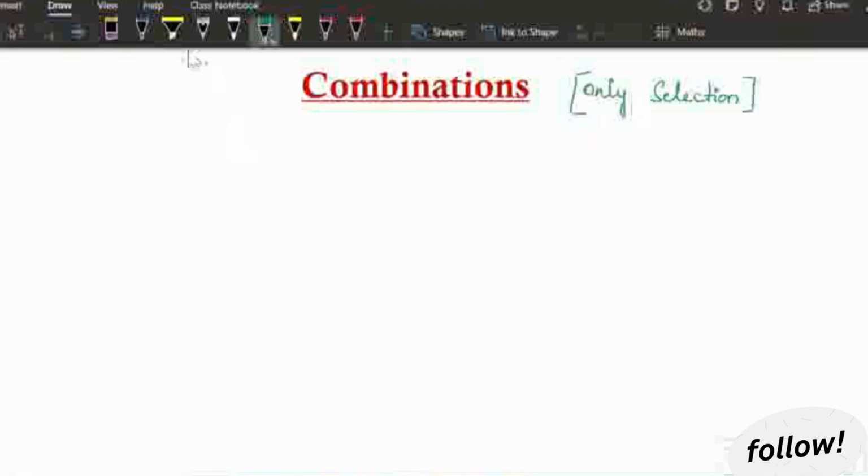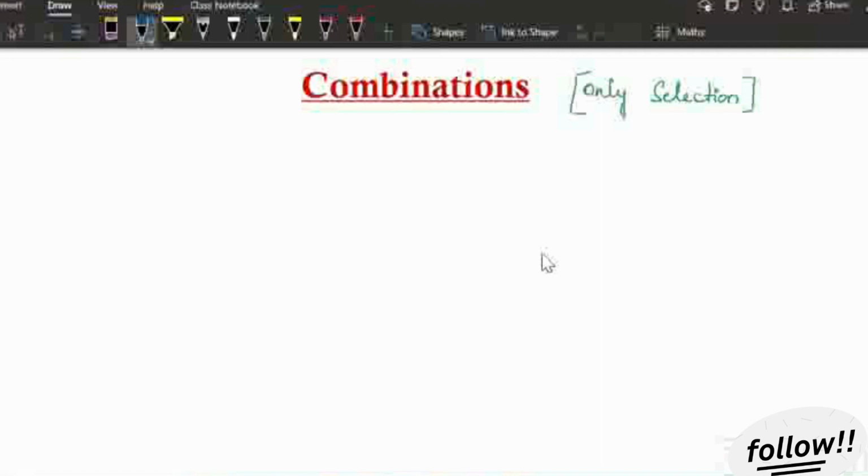What type of questions do you have to solve using the combination technique? Whenever you are supposed to form teams. You have this many boys and this many girls, and you have to form a committee of 5 members, where you select 3 boys from a team of 8 boys and, say, 4 girls from a team of 5 girls.